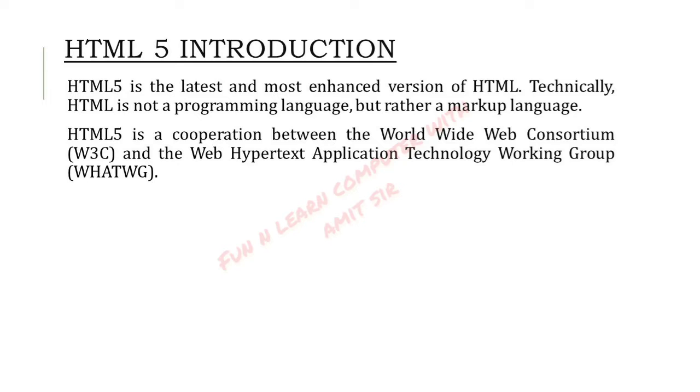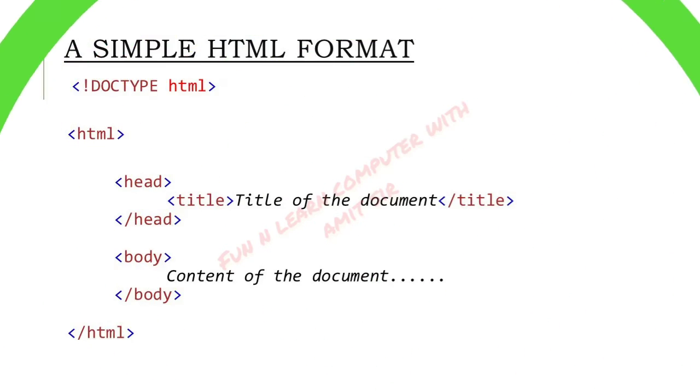Let's see a simple HTML format, how to write an HTML document. Look at the page. You can see there are some words like doctype HTML, HTML, head. These are written inside the angle brackets.